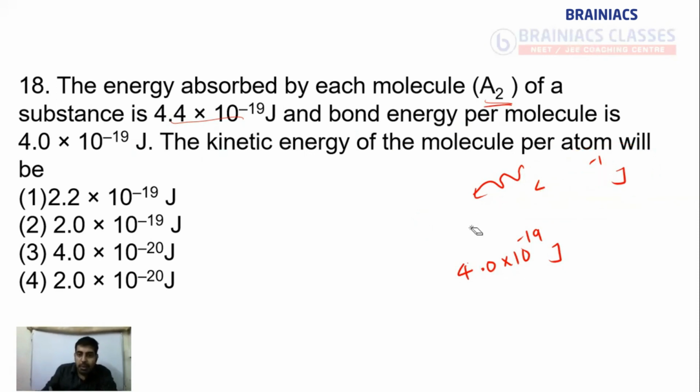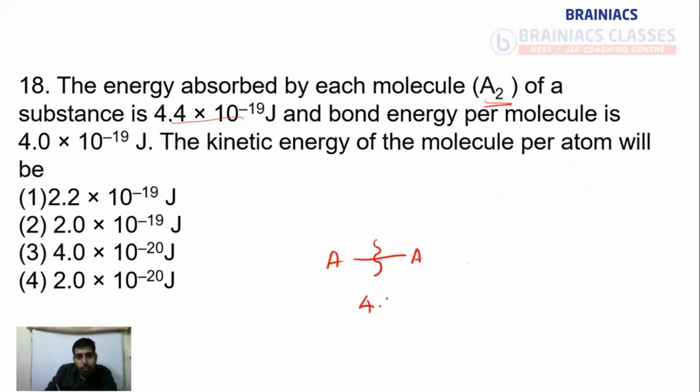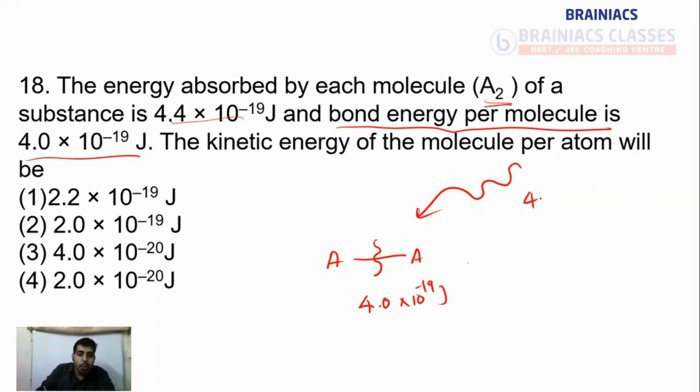This is AA. To break AA, we need 4.0 into 10 raised to minus 19 joules. We are supplying 4.4 into 10 raised to minus 19 joules, so a molecule undergoes cleavage by absorbing this much energy.